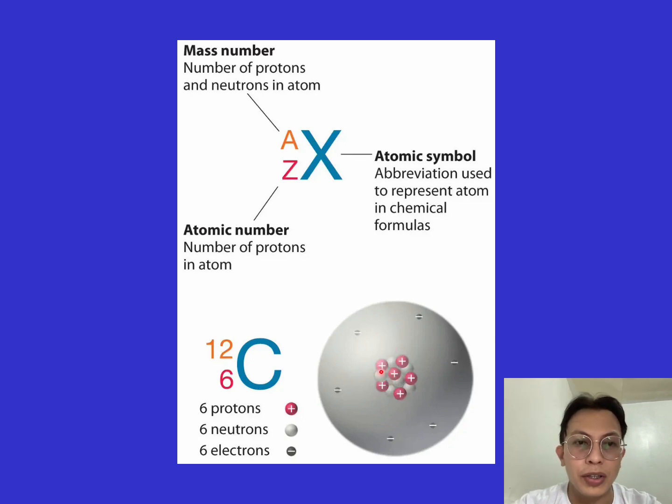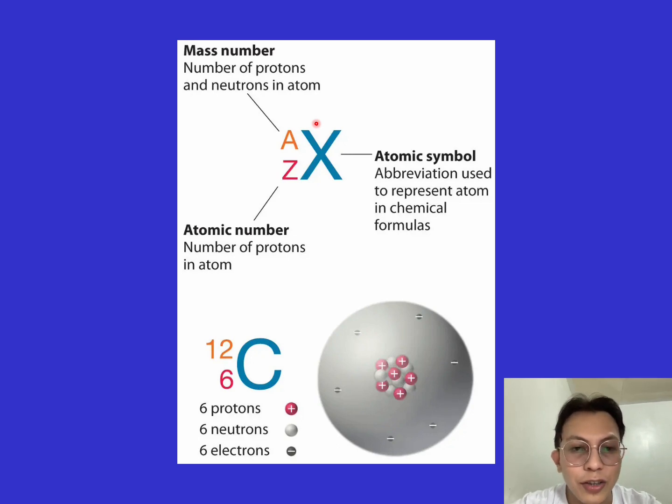So the mass number is actually the aggregate number or the total number of protons and neutrons in the nucleus.